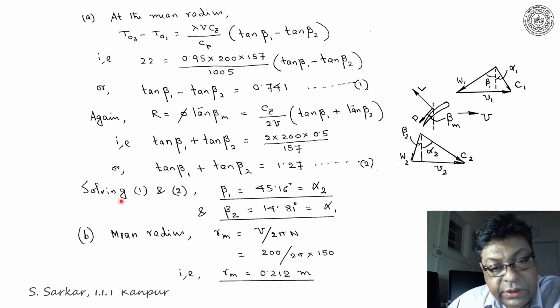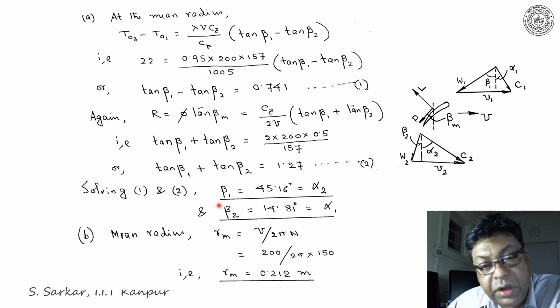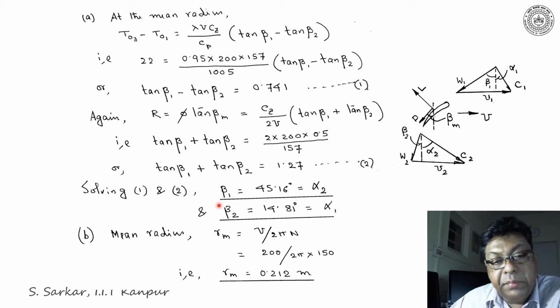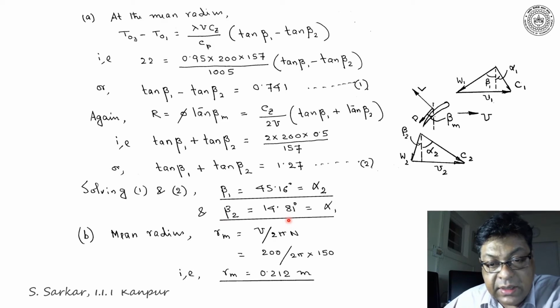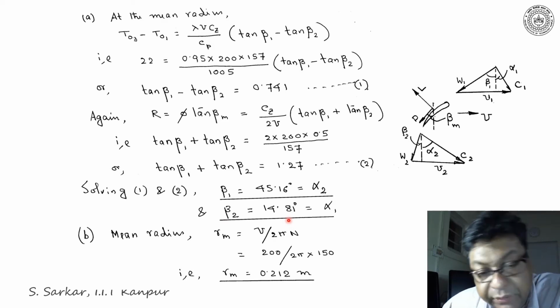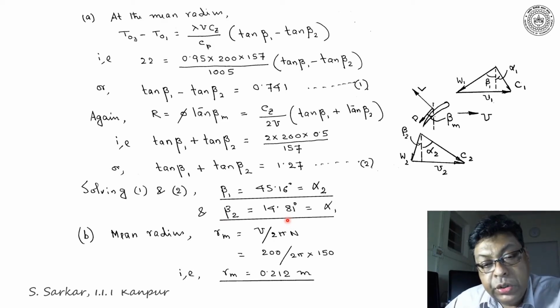Solving these 2 equations, I have got beta 1 is equal to 45.16 degree, and that must be equal to alpha 2 as the degree of reaction is 0.5. Similarly, beta 2 is equal to 14.81 degree, that must be equal to alpha 1. So the first point that has been asked, beta 1 and beta 2, I have calculated.